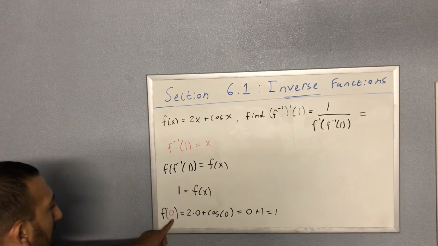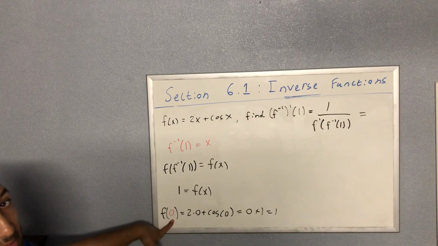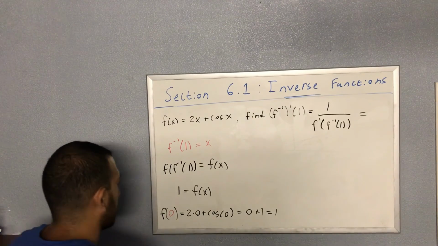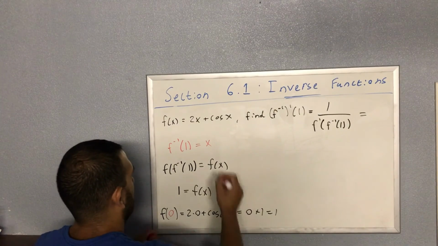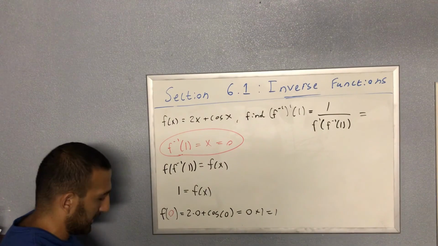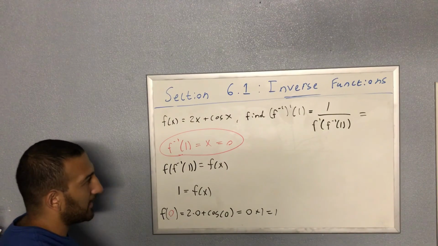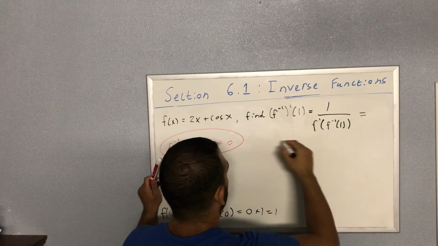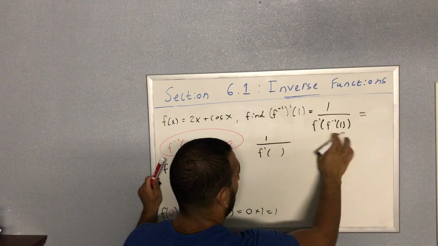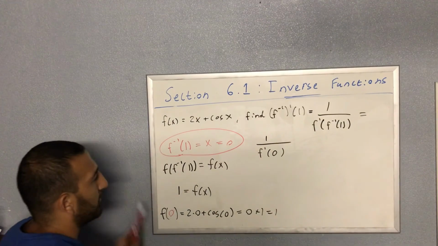So the number x that we were looking for is actually 0. So x is 0 in this case. So we found what f inverse of 1 is. It's 0. Meaning that this becomes 1 over f prime, and now this whole thing is 0. Well, it's f prime of 0.